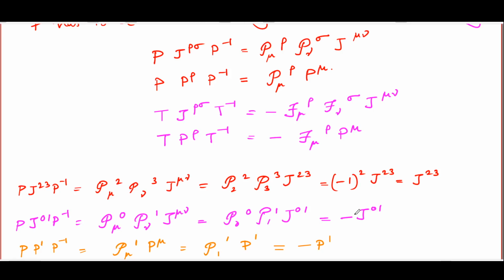Now, capital P, capital H, capital P inverse is something we have already seen has to be equal to capital H. In fact, that's what helped us to decide that capital P is a linear unitary operator in the first place. So what we are now interested in is what happens to spatial indices. Capital P, P1, P inverse.